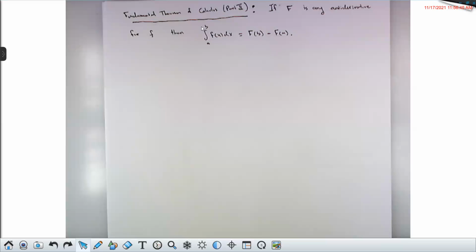So thus far, anytime we need to evaluate a thing like this, we either have to interpret it in terms of areas or write out a Riemann sum. But now we have a new way to do it. When you want to evaluate a definite integral, the game is to find an antiderivative and then plug in the bounds and subtract. And there's a special notation for this.